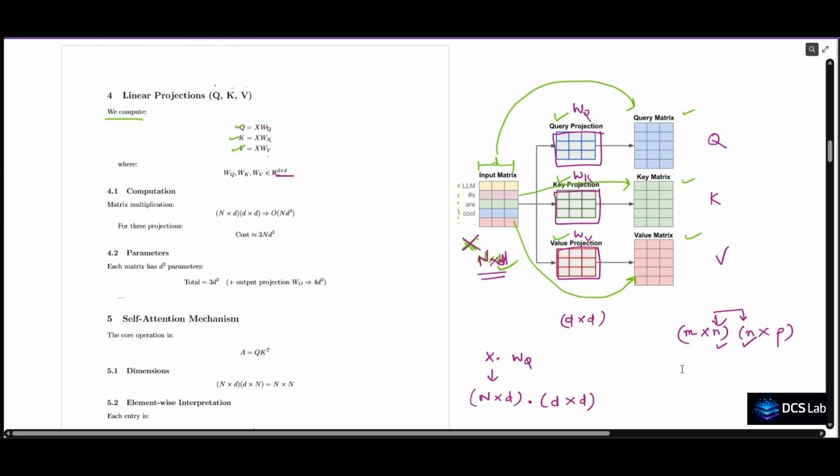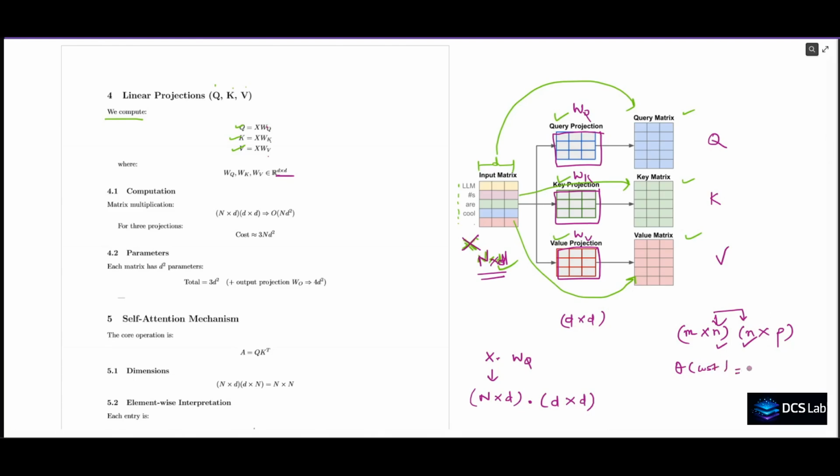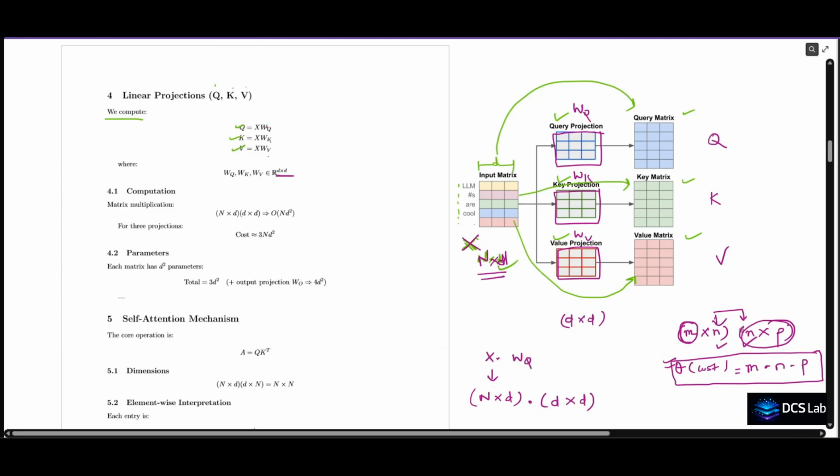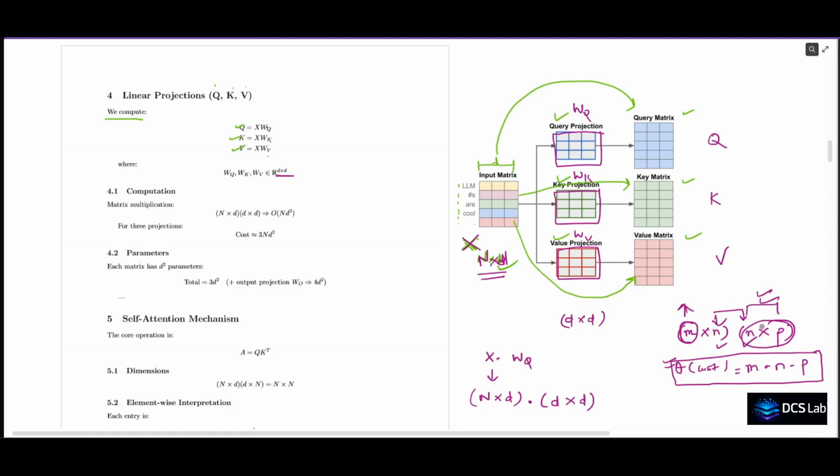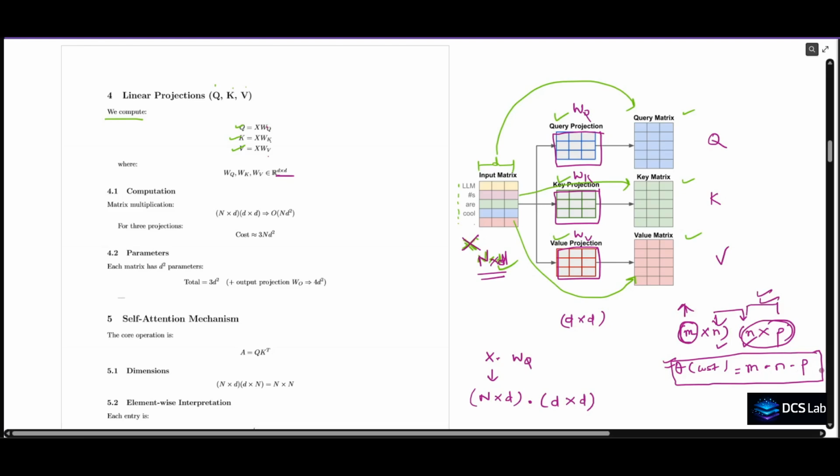The total cost, meaning the total number of multiplication operations, will be m times n times p, m dot n dot p.